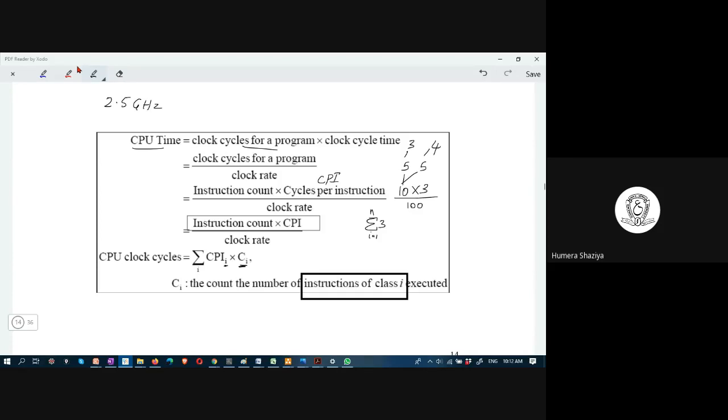For 5 it would be 3, for the remaining 5 it would be 4, into C sub i. C sub i is the count of the number of instructions of class i executed. Here C sub i would be 5 for one particular class. If you take 2 classes, 5 in one class, 5 in another class.